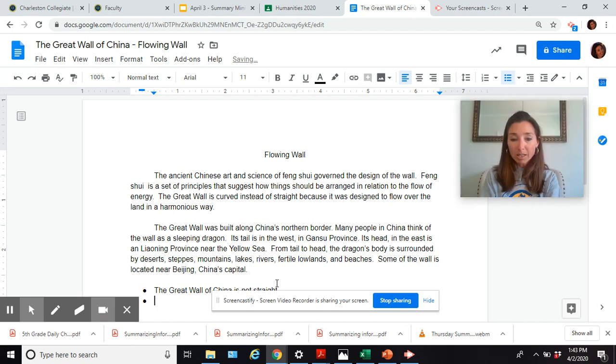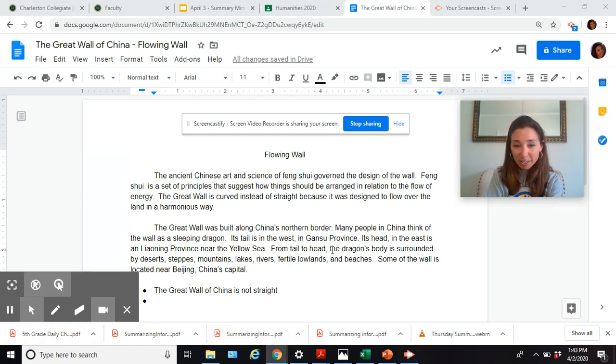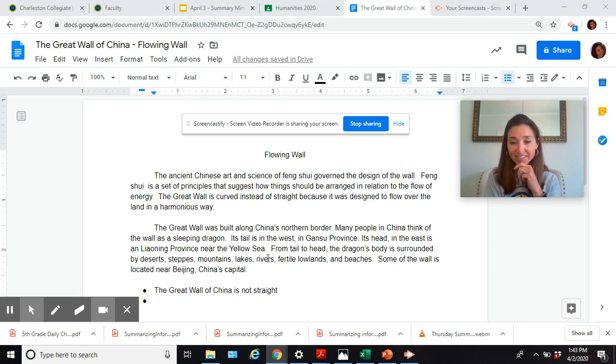And furthermore, let me move this down so I can see what I'm writing a little better. The Great Wall of China is not straight, and it talks down here about how it is in the north, and then it names all of these provinces. I think the Great Wall of China is not just straight, but it seems like the wall curves with the geography of the land.